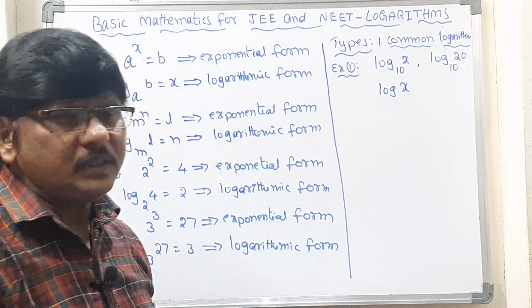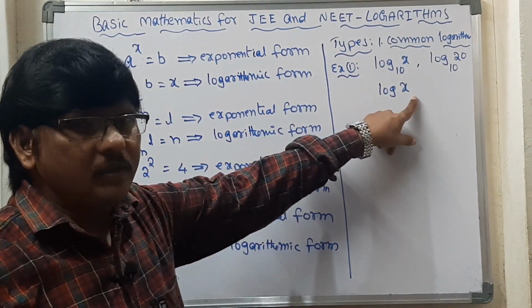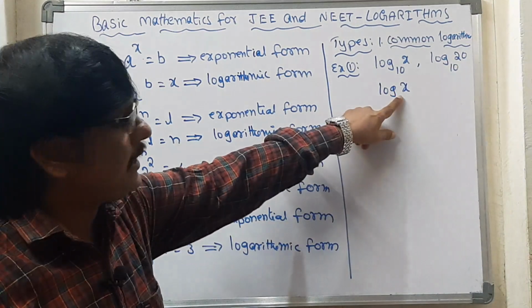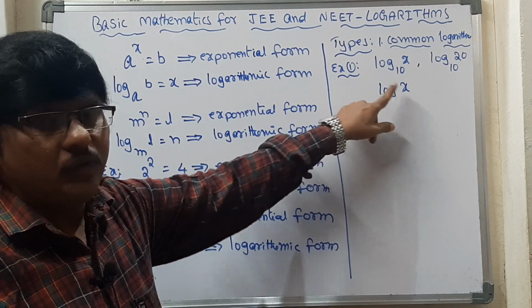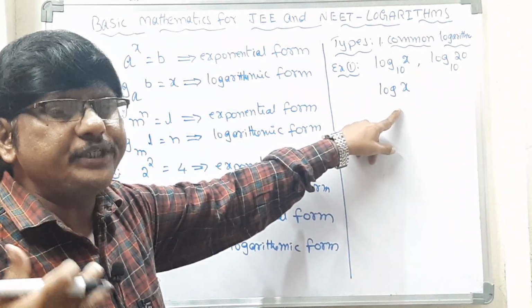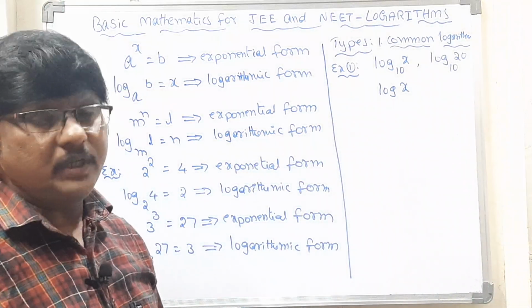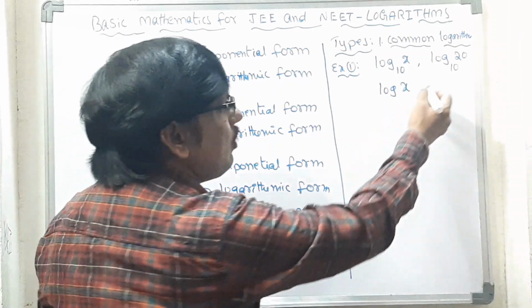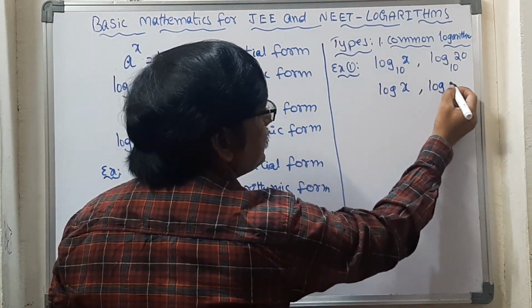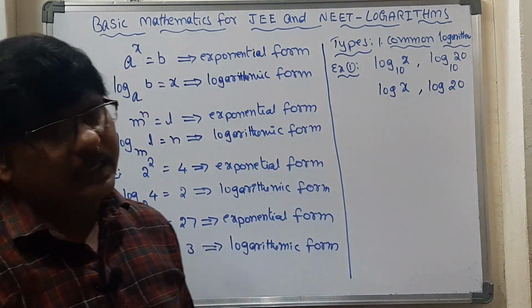There will be no difference. If sometimes we see that only log x is given, we have to assume that the base is 10. So you can write it like this also, no matter. When the situation requires, depending on that, we can assume the base 10. And next, how to write this one? We can write this as log 20. Got it? This is about common logarithms.